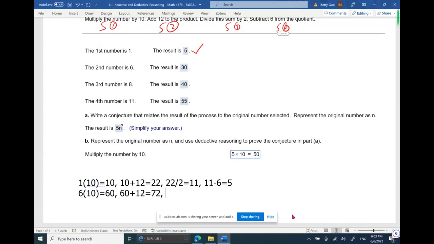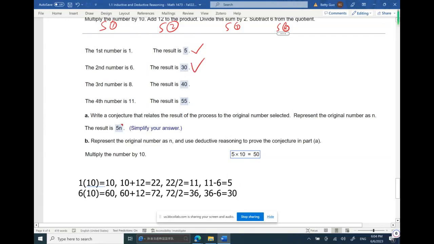And then we divide the product 72 by 2, cut it in half. 36. And then use the quotient 36 to minus 6. We have 30. So we have the second cell. So far, it's totally doable, right?